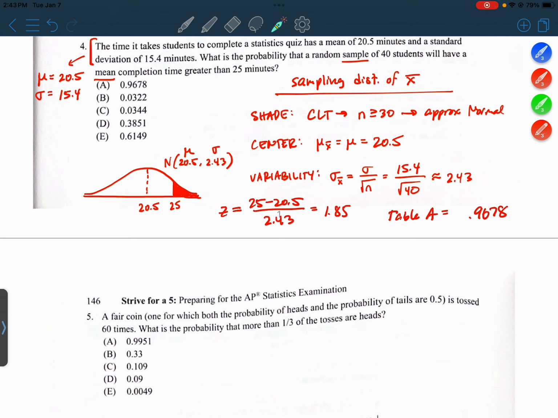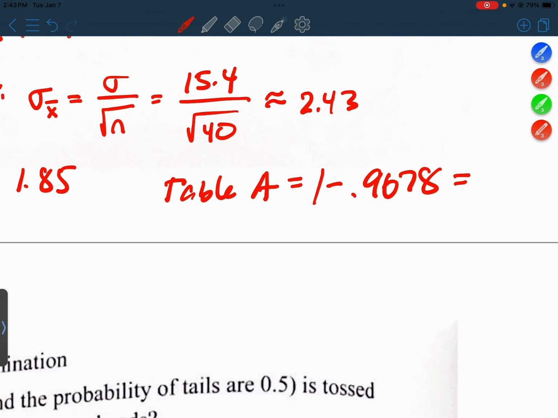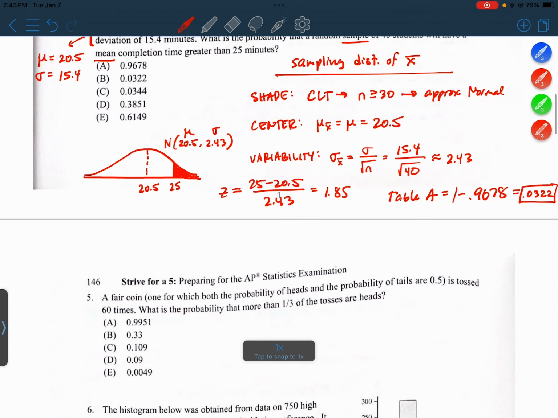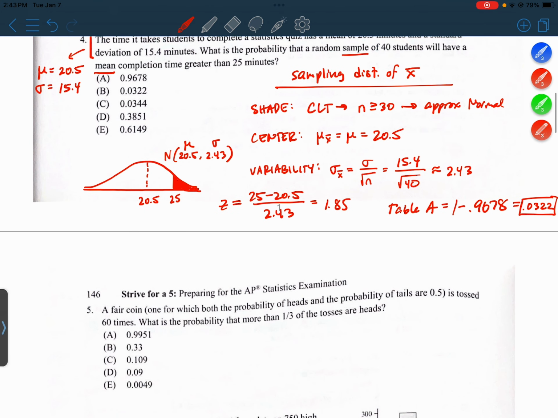So what's going on here is that this number represents the unshaded part of the curve, so we just have to subtract that from 1 to get the shaded part of the curve. So 1 minus 0.9678 is 0.0322. And that's going to match up with choice B.